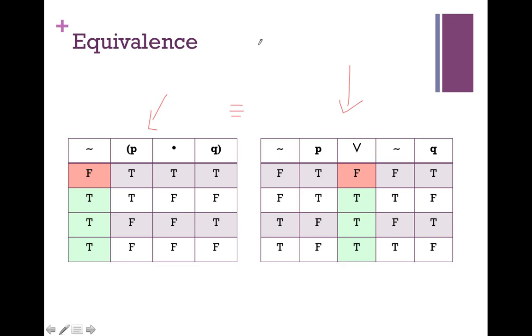In other words, not (I or A) is the same thing as saying not I and not A. All right? These propositions right here are equivalent to one another.